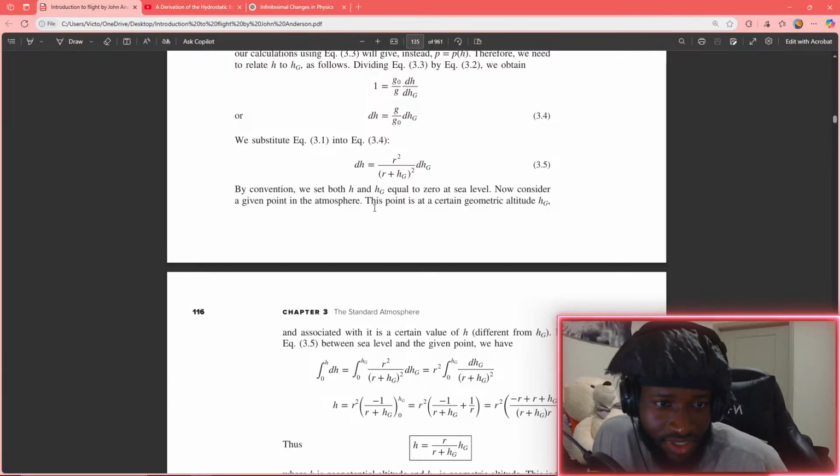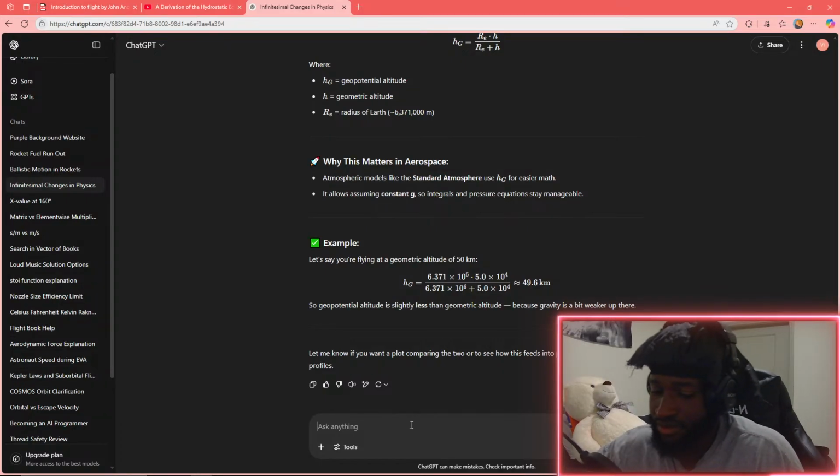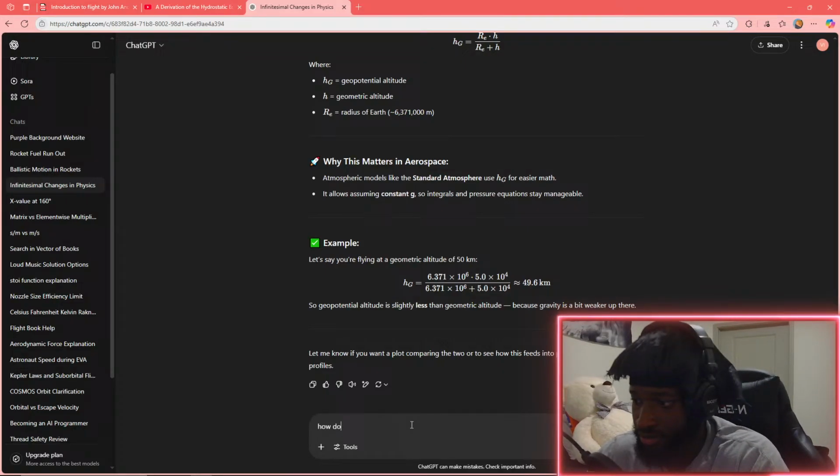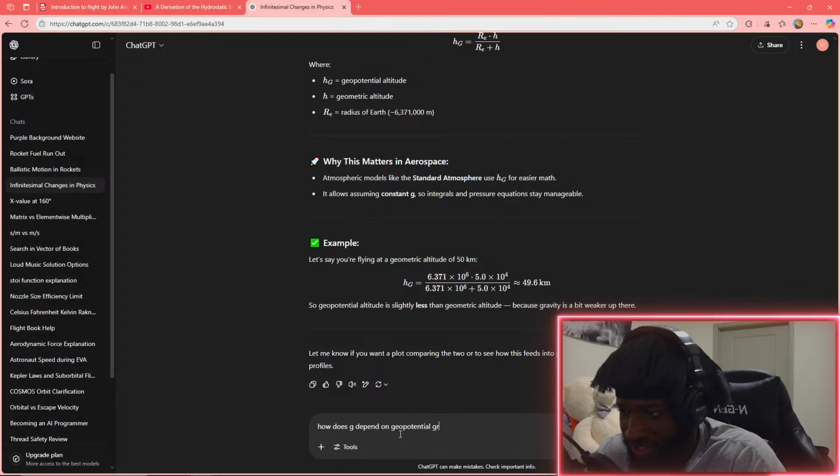Can you ask ChatGPT again how G depends on geopotential altitude H? Geopotential altitude, rather, not gravity.